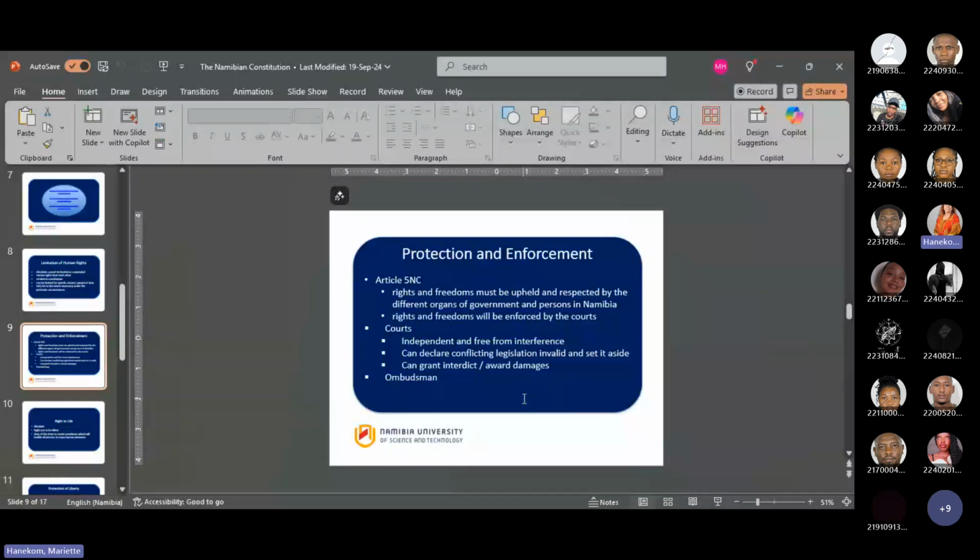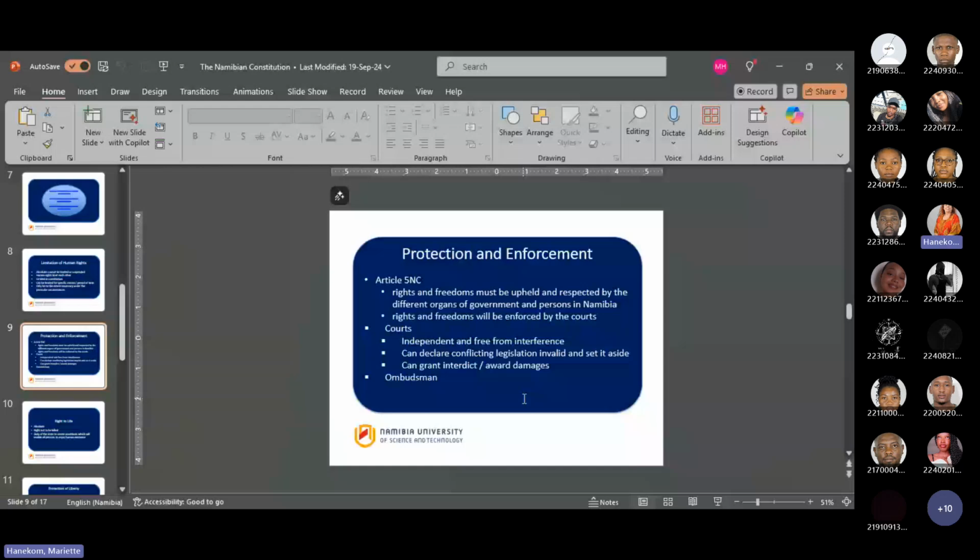In terms of the Constitution, furthermore, our courts are independent and guaranteed free from interference. Doesn't matter how important you are, you cannot interfere with a court. I've already mentioned, if there's a law, piece of legislation, which conflicts with the human rights in the Constitution, the courts have the power to declare it invalid and to set that legislation aside.